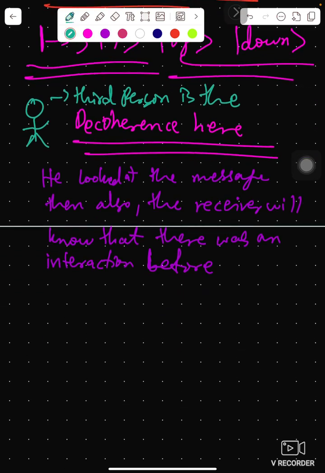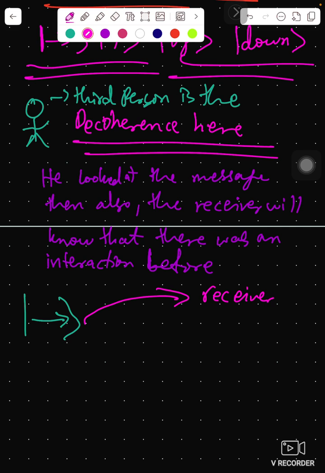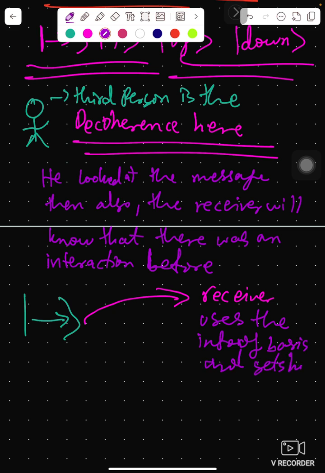because what happens is that, let's suppose he sends a state which is horizontal, and he sends it to the receiver, and the receiver uses the information of basis and gets his answer, or what the message actually is.